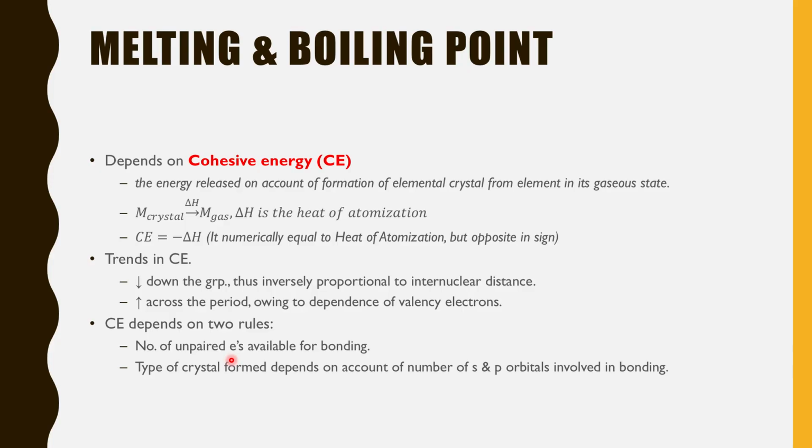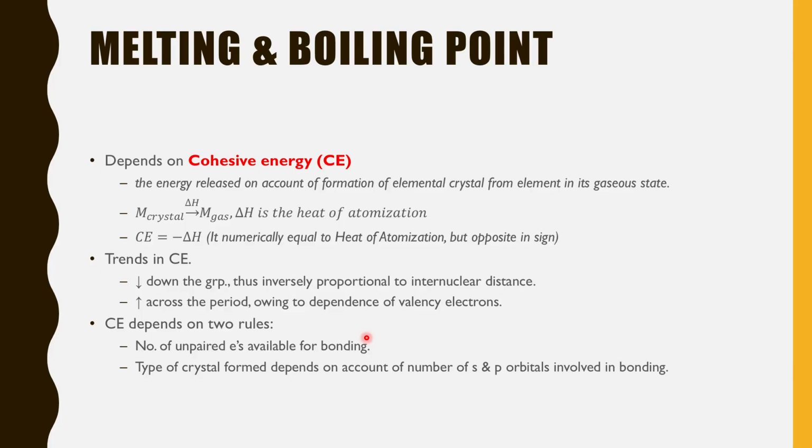For bonding to happen, the electrons in the valence shell should be unpaired. Only then would it be of any use for doing any type of bonding. So if you take the first group, its electronic configuration is ns1. ns1 means it has one unpaired electron for bonding.